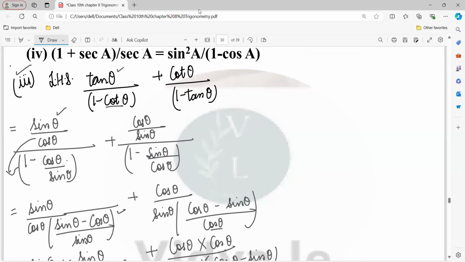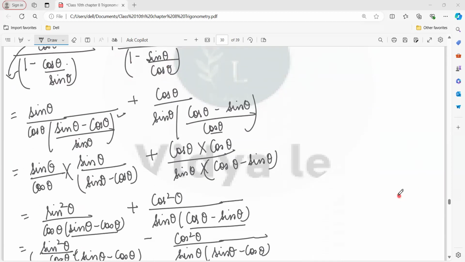So we got sin theta upon cos theta upon 1 minus cos theta upon sin theta. Now taking the LCM of the denominator, we'll get sin theta minus cos theta upon sin theta. And similarly on the second term, we'll get in the denominator cos theta minus sin theta upon cos theta, right?